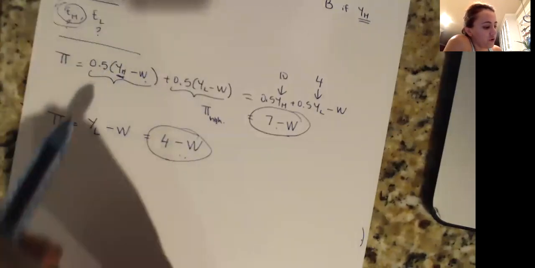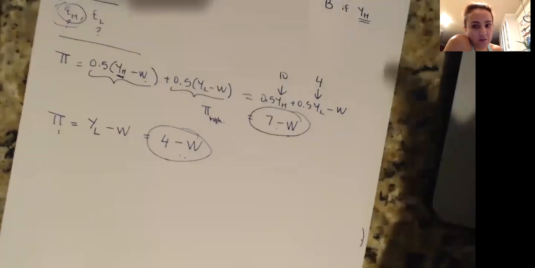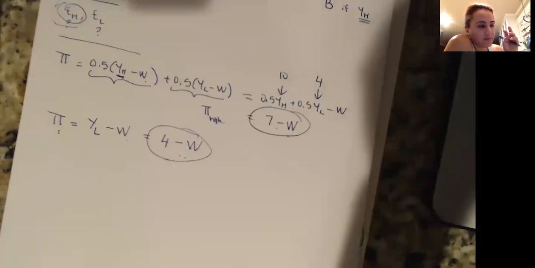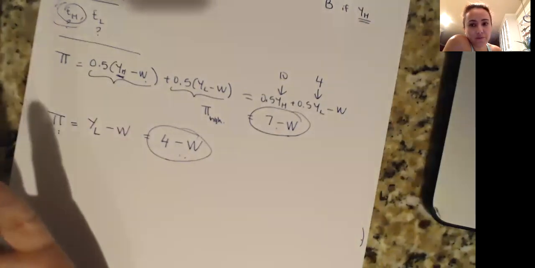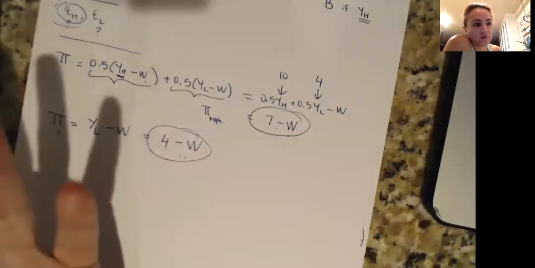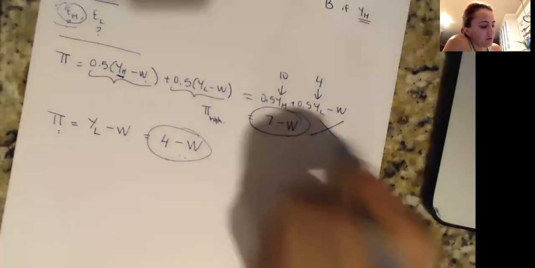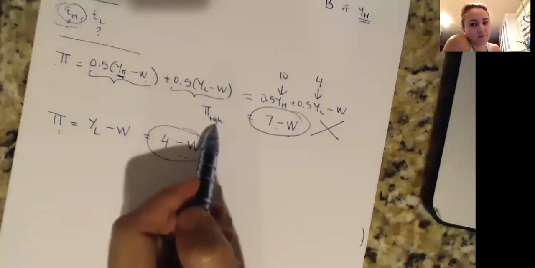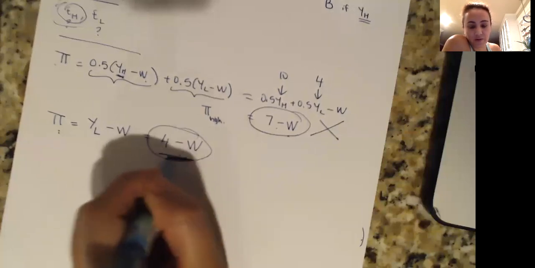So if the firm offers exactly the same wage to low effort and high effort types, then people will always choose low effort, because there is no benefit, no gain in showing high effort. So this will never happen, because you will never see a high effort person. So your profit is 4 minus W.